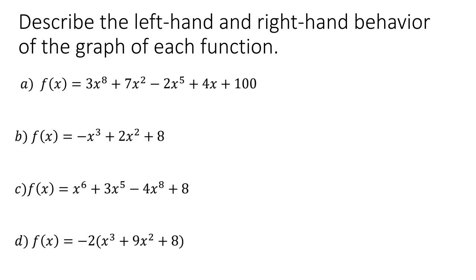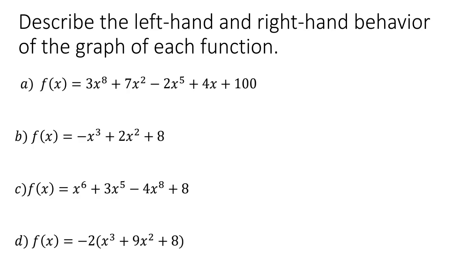Because this number 8 is an even number, A is an even function. Now let's look at the leading coefficient of this polynomial. The leading coefficient here is 3, a positive number. So because this is an even function and my leading coefficient is positive, the end behavior of this graph is going to rise on the left and rise on the right.